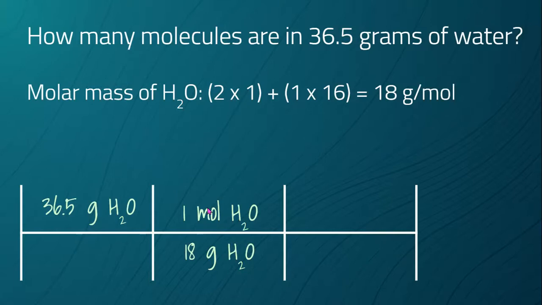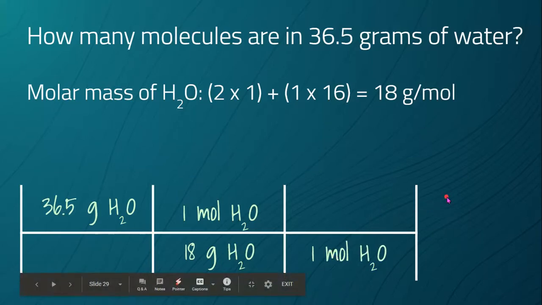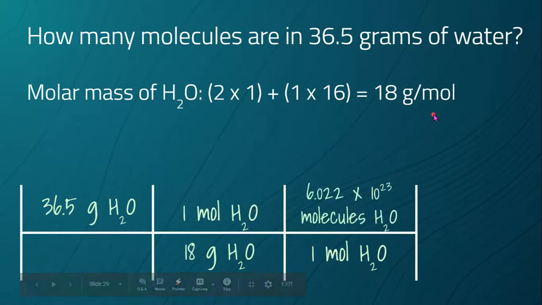Avogadro's number. Now since I have moles up, I need to do moles diagonal down. I know that there are 6.022 times 10 to the 23rd molecules per 1 mole of water, so I'm going to put the 1 mole diagonal down and this 6.022 up on the top.